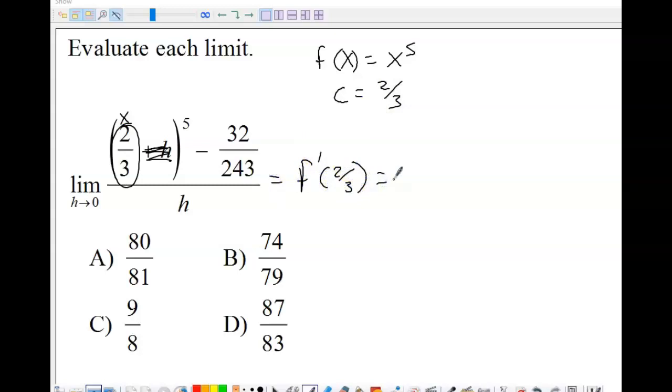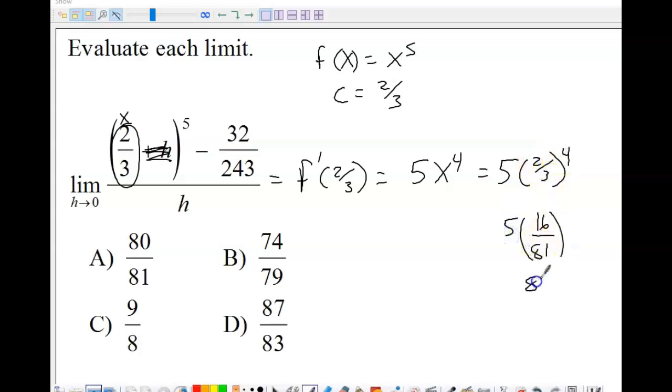The derivative of x to the 5th is 5x to the 4th. And we're going to be plugging in 2/3 into that. 2/3 to the 4th power. You raise 2 to the 4th power, you get 16. You raise 3 to the 4th power, you get 81. Multiply that by 5 and you get 80 over 81. And that's that one.